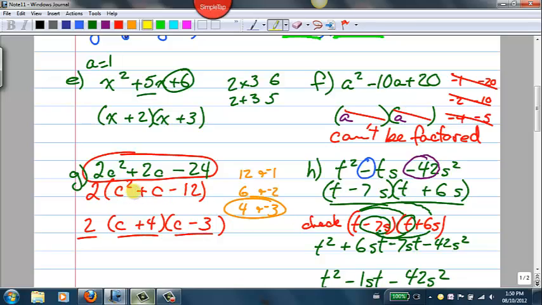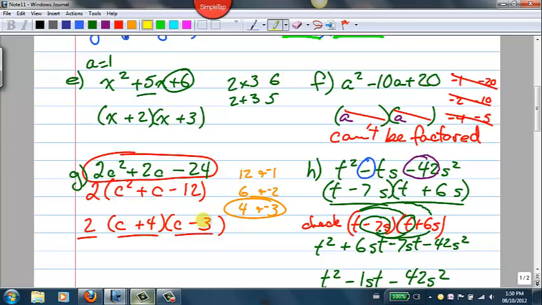Then this trinomial becomes like what we saw previously. 2 brackets, they both start with c. 2 numbers that multiply to give negative 12 and add to give positive 1. Multiply to give negative 12, so 12 and negative 1, 6 and negative 2, 4 and negative 3. There's some others, but as soon as I saw this one, I thought, wait a minute, that adds to 1. So I go c plus 4 and c minus 3. So the factors are 2 and c plus 4 and c minus 3.